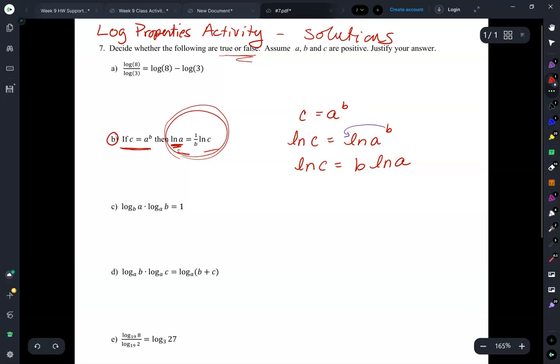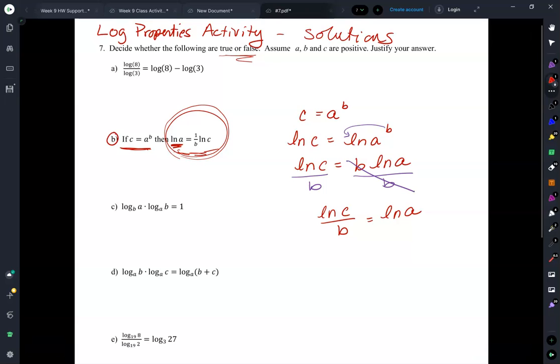So I'm almost there. Now I just need to get ln a by itself. So I'm going to divide both sides by b. And what I end up with is ln c over b equals ln a. So that really shows me that it's true, but just to prove it out, I'm going to commute the sides here.